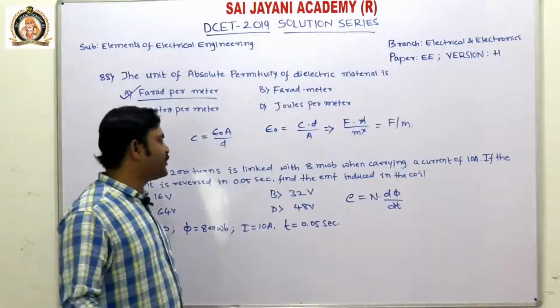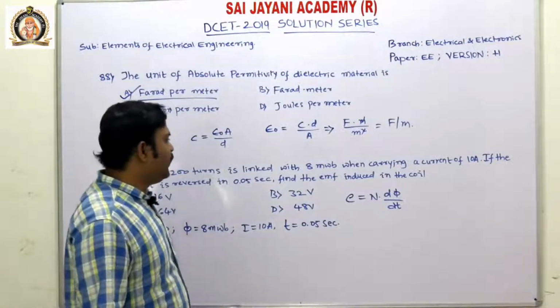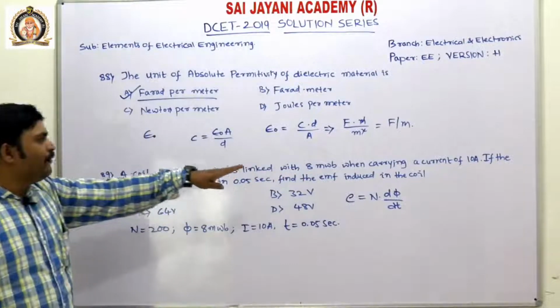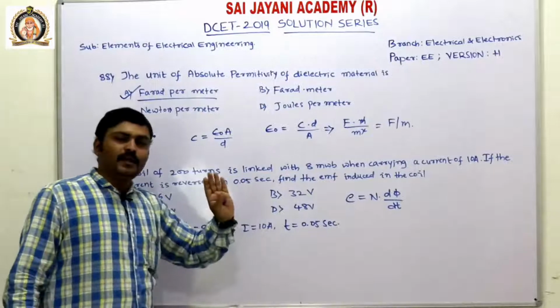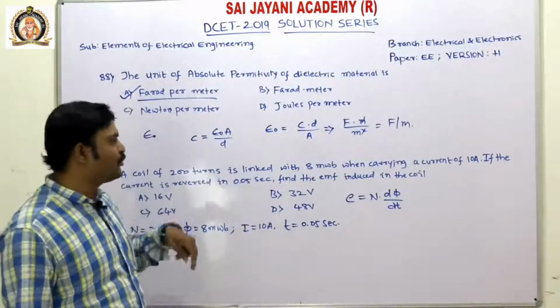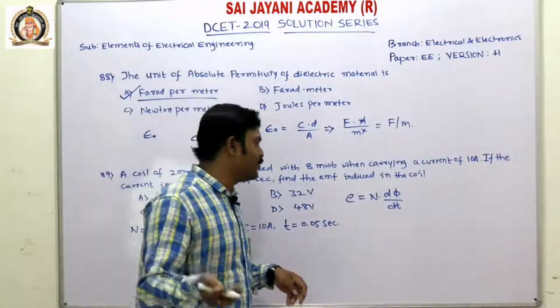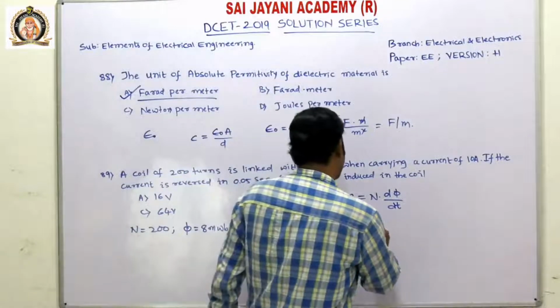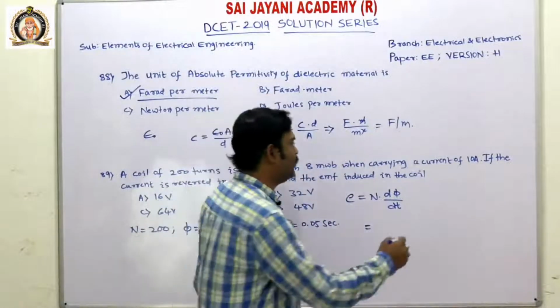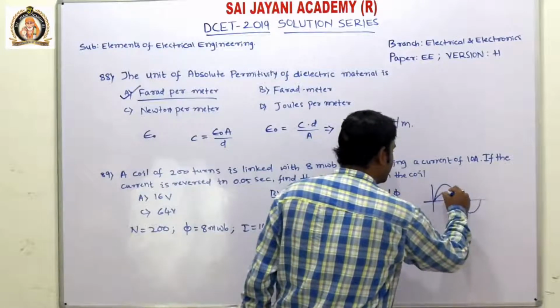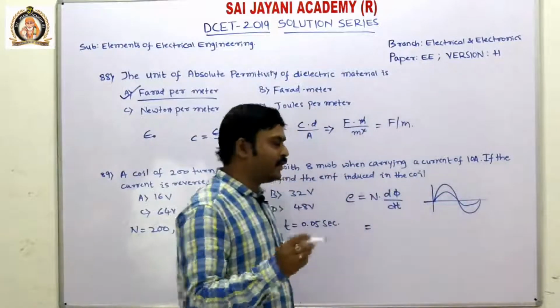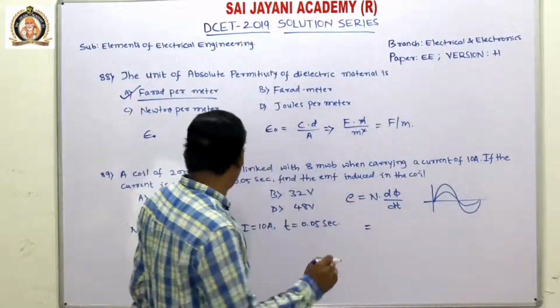Here it says the current is reversed in 0.05 seconds. When the current is reversed, the flux also reverses its value like this.